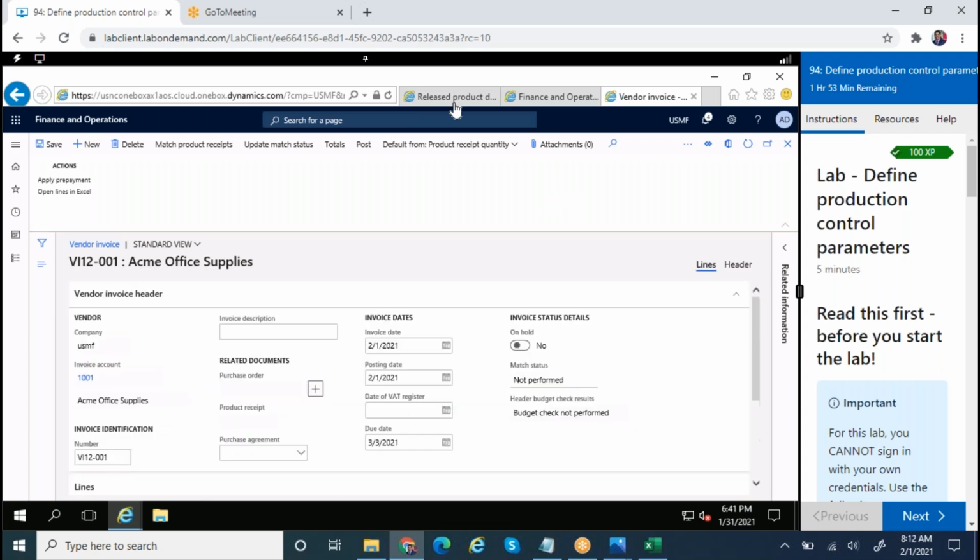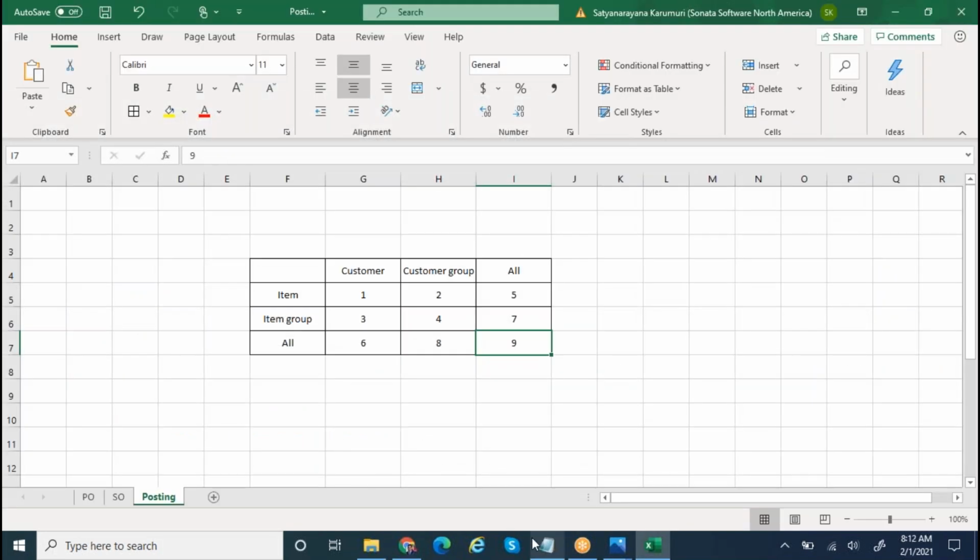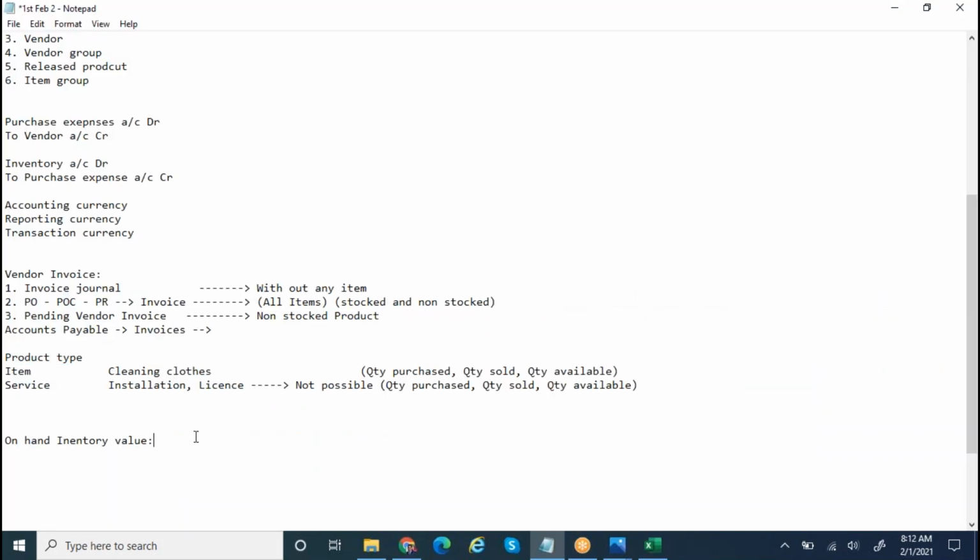Fine. So for a normal item, it will not be included. The workaround is that you can track the transactions only. If you want to track transactions, we have an alternative solution, but not for quantity. Tomorrow I will show you that. You can track transactions, how many were purchased and how many consumed in the system, but you will not find on-hand inventory at any point of time.